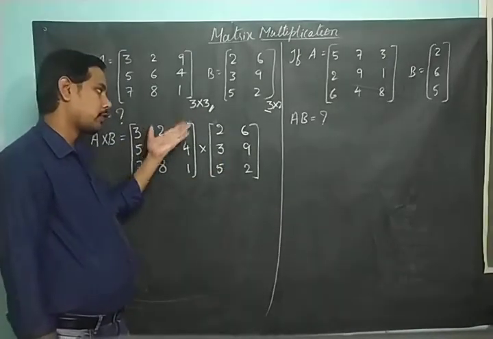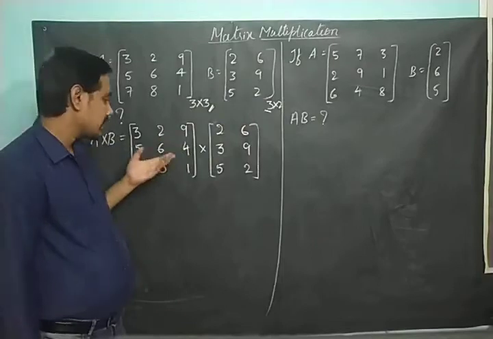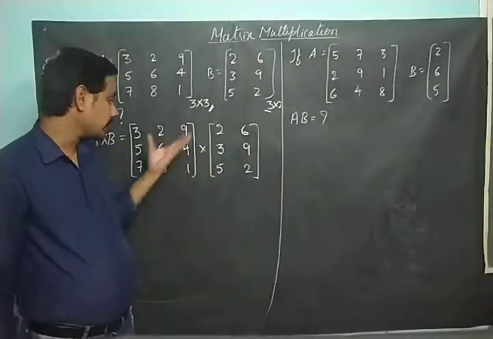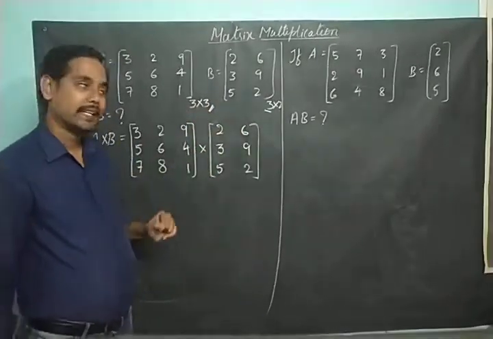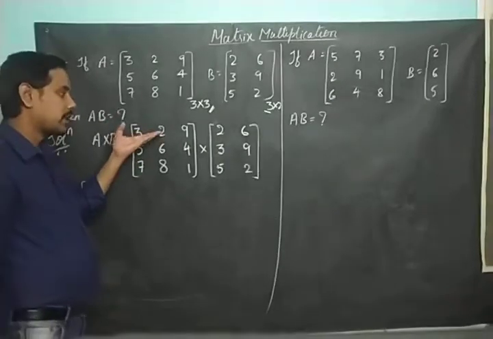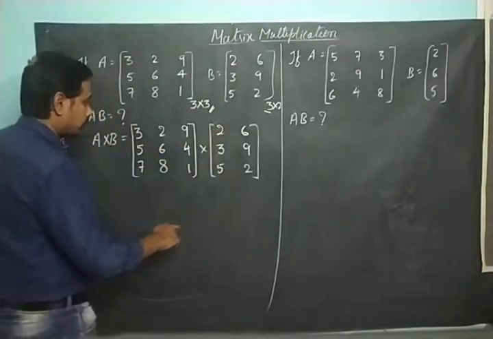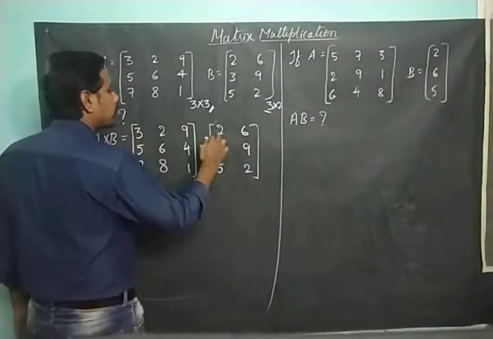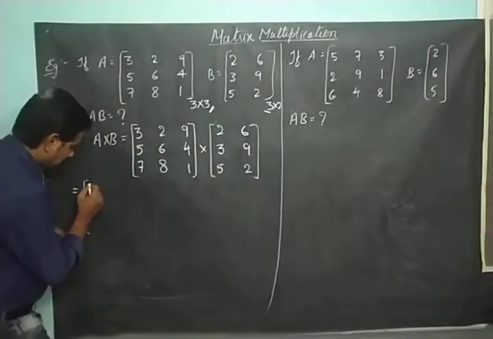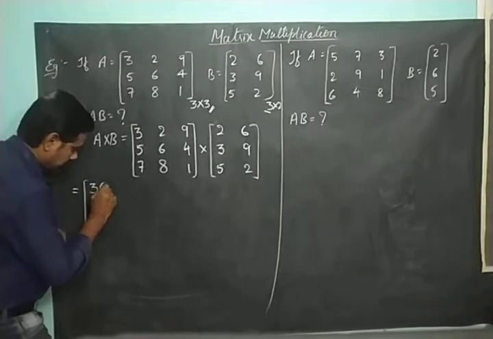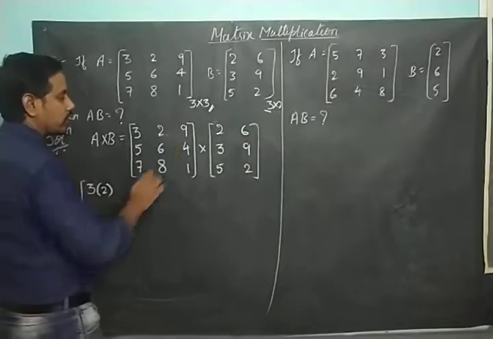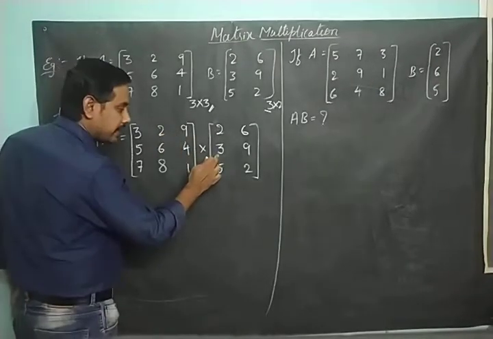First we multiply the first row with the first column and second column, then the second row with the first and second column, and the third row with the first and second column. Let us multiply the first row with the first column. What will be my first element? 3 into 2.